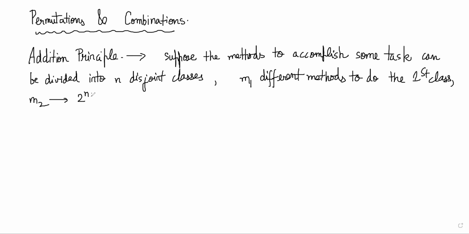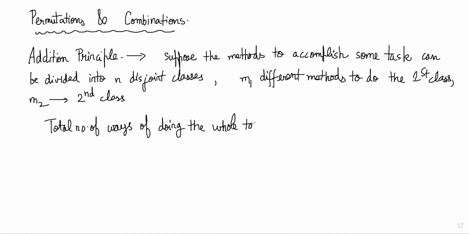Then the total number of ways of doing the whole task will be simply m1 plus m2 and so on plus mn.